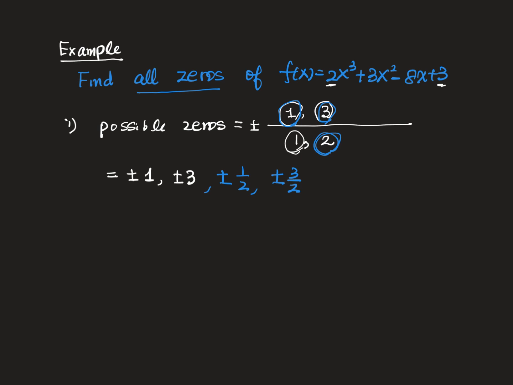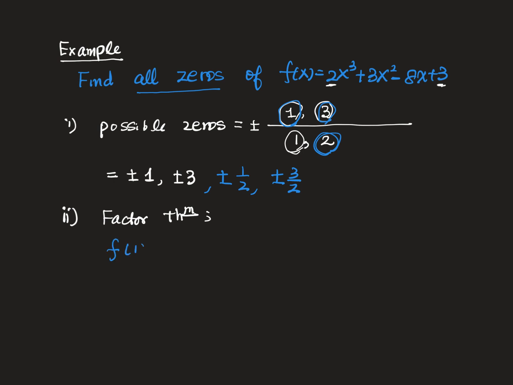Second, let's go to the second part. Using the previous video, we have the factor theorem. The factor theorem guarantees we find the zero. So what do you have to check? You check the value of the function. I'm going to start with 1.